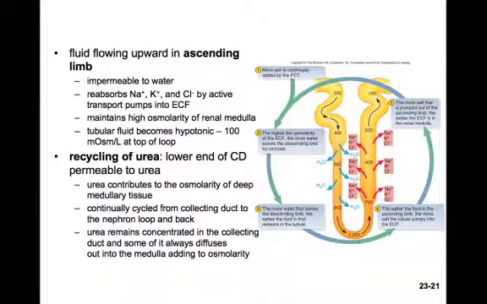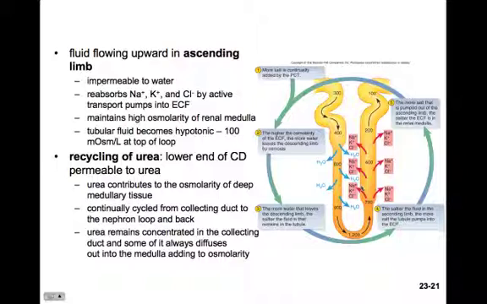Now fluid flowing up through the ascending loop is not permeable to water, and it's actively transporting sodium, potassium, and chloride out through the thick portion of the tubule. That's going to maintain the high osmolarity out in the extracellular fluid of the renal medulla. The tubular fluid is now becoming hypotonic, about 100 milliosmolar, at the top of the loop here.